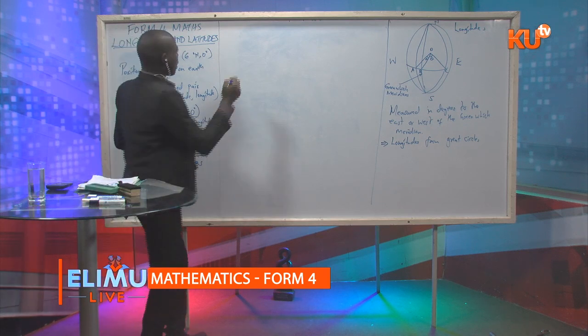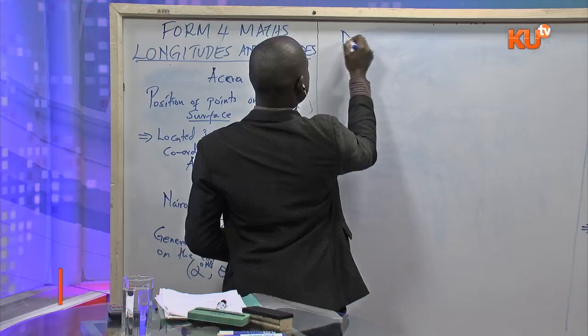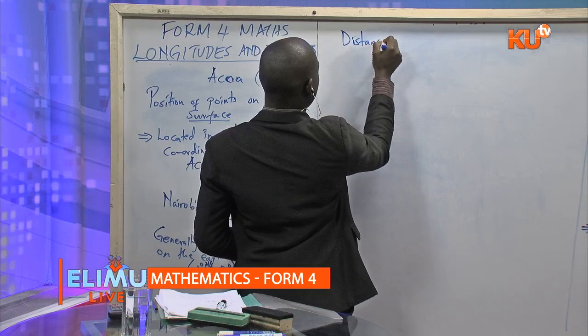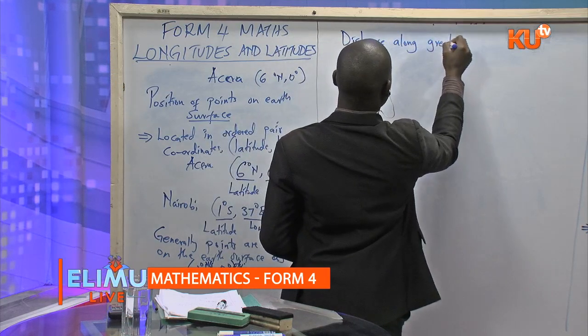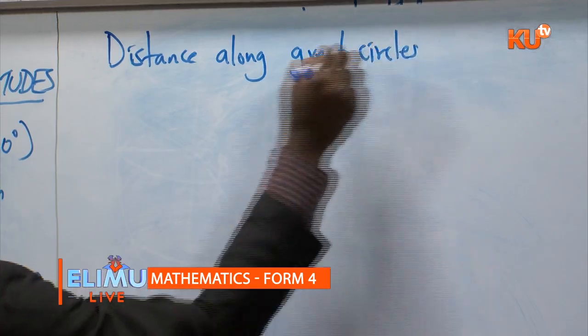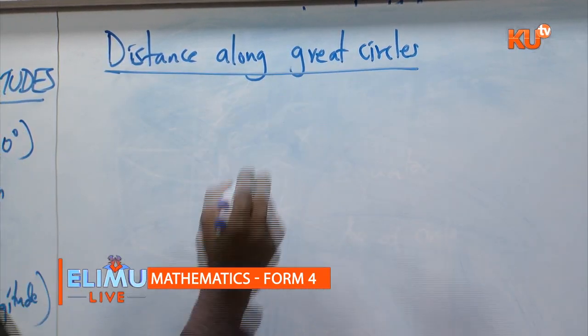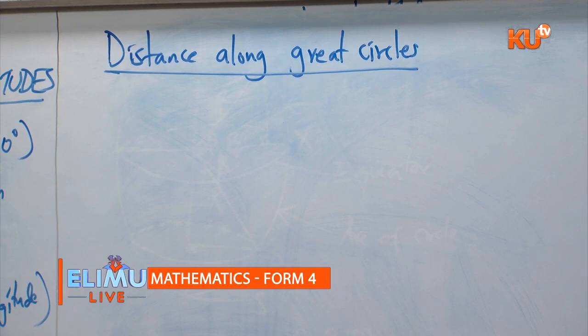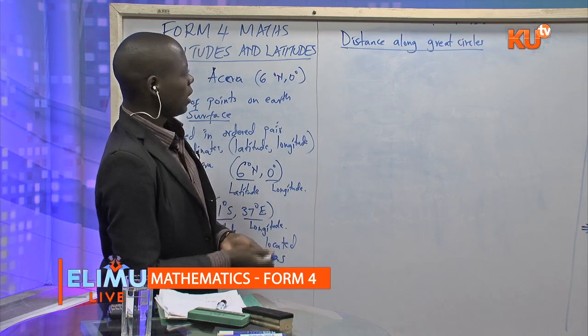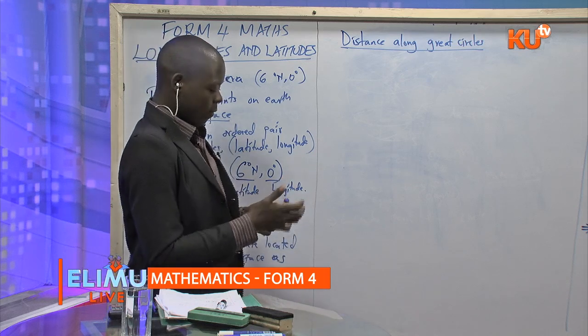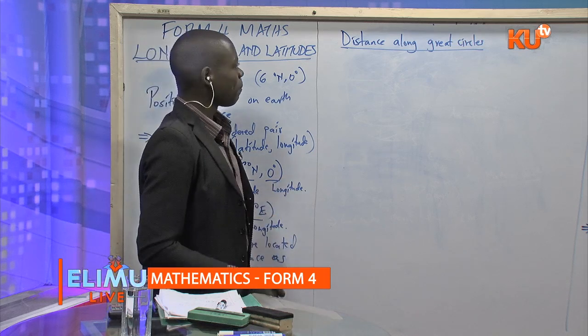So we can look at what we call distance along great circles. That is what we want to calculate, and look at a series of questions that have been tested from this part, which is of importance to our lesson today.